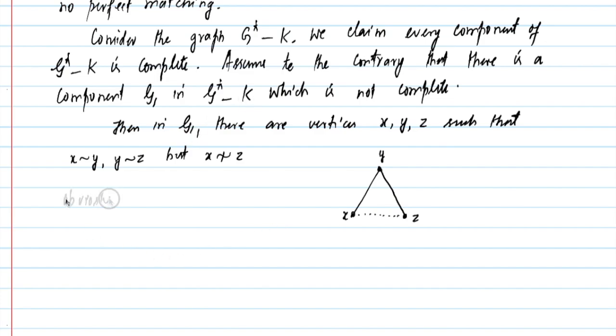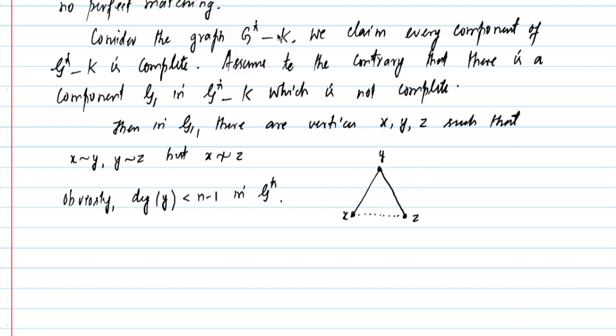Then obviously the degree of y in G star is less than n minus 1. Now, why is the degree of y less than n minus 1 in G star? We first constructed a vertex set K from V of G, and every vertex in K has degree equal to n minus 1.